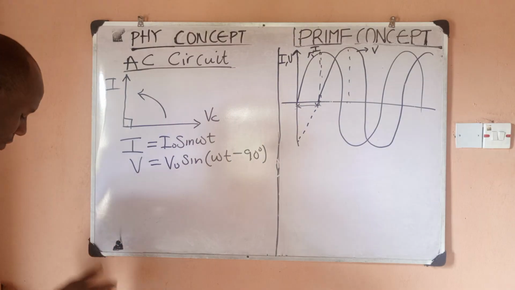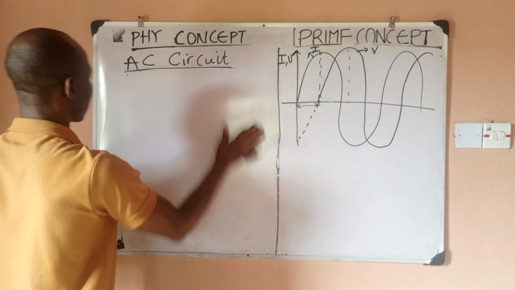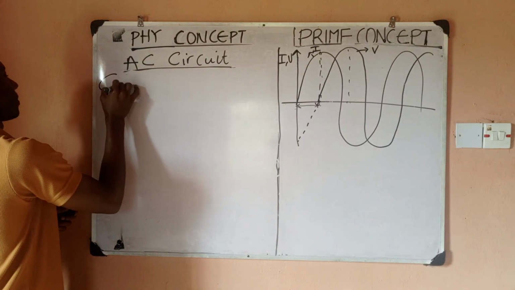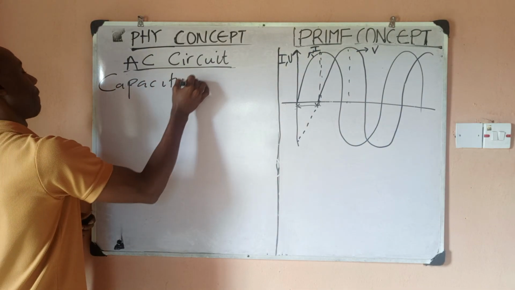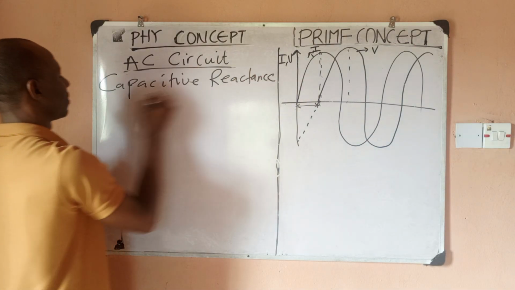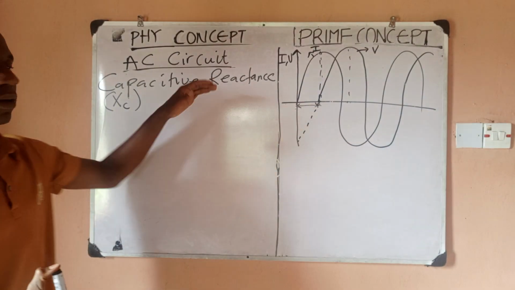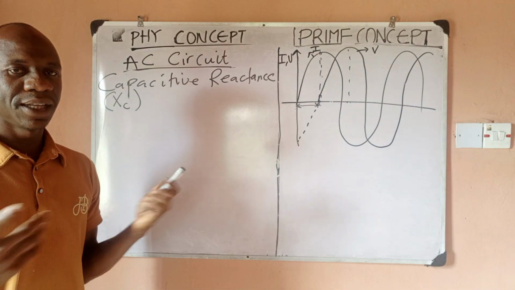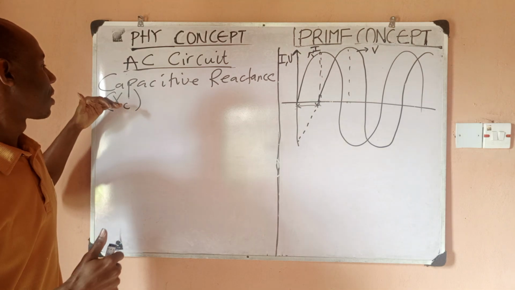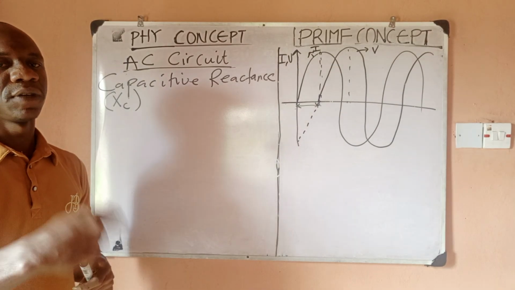So we want to look at the next important term under this, which is capacitive reactance. Capacitive reactance is denoted by the symbol X subscript C. Now, in a layman's way, or in a market woman's description, capacitive reactance, you can just say it is the resistance of a capacitor.